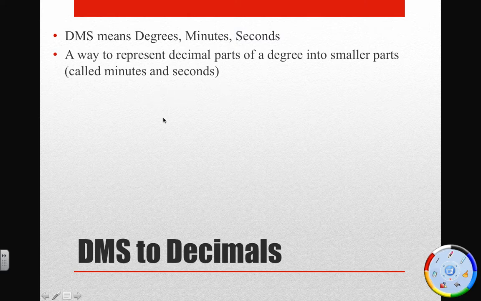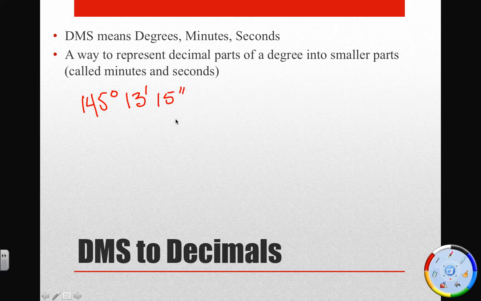All right, so this is what a DMS measurement looks like. Let's start with 145 degrees, 13 minutes, and 15 seconds.